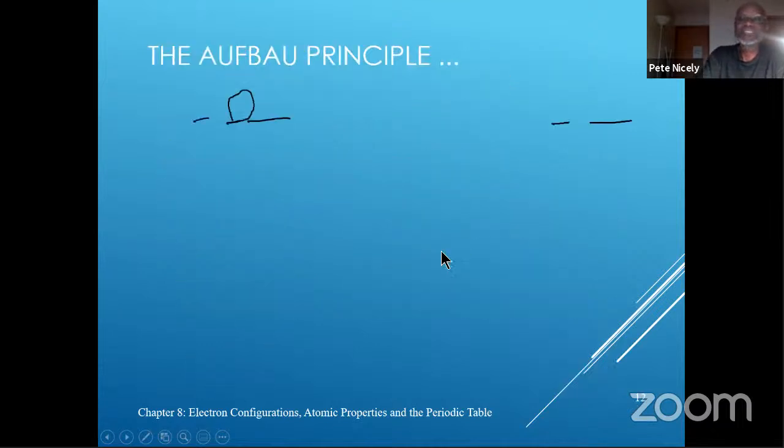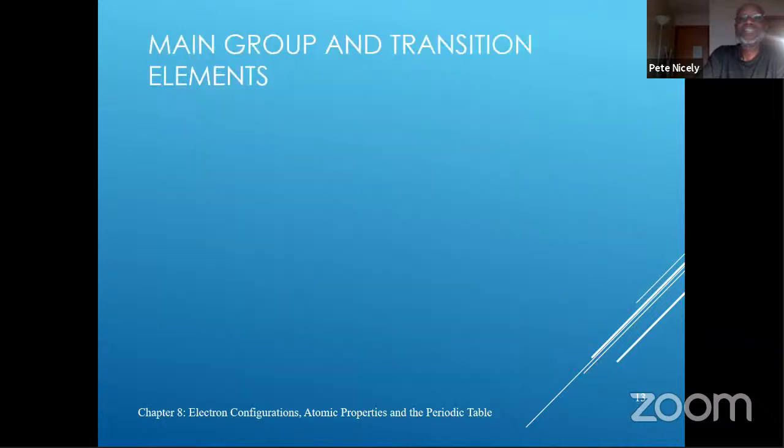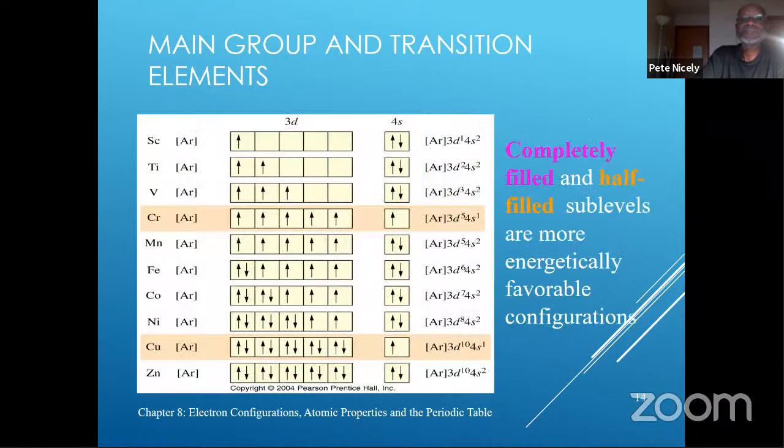So let me go back to this slide here again. So basically, the 4s sublevel should be before the 3d sublevel, right? Not only in terms of the boxes here, but also in terms of the condensed or the abbreviated electron configuration. So it should be 4s2, 3d1. That would be the correct order, all right?